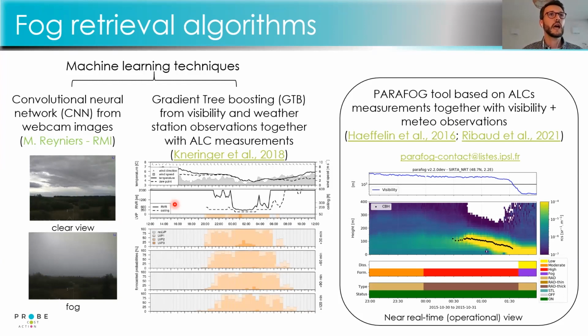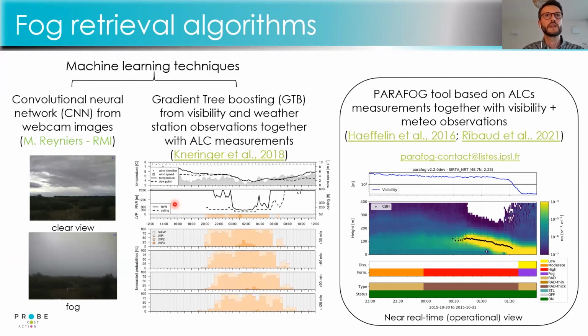This is an algorithm developed by Martin Régnier in Belgium. In the middle, the other machine learning technique is regression, so it means we have a prediction model. This is based on visibility, weather station observation, and ARC measurement. And here they try to predict different ranges of visibility for lead times of 30 minutes to 2 hours.